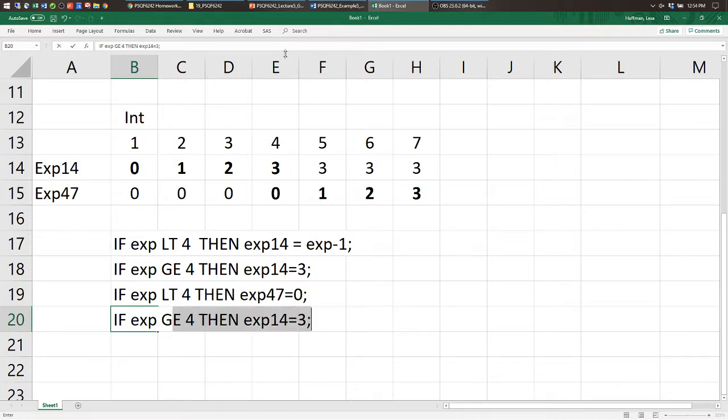If experience is greater than or equal to 4, then the second variable is experience minus something. 4, yeah. Where it left off at.